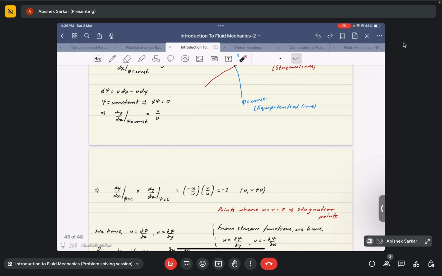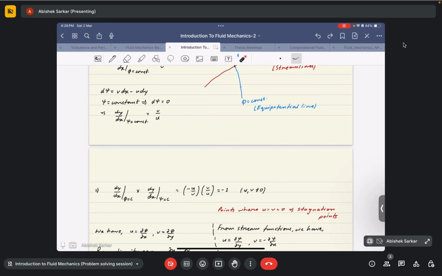the discussion part. And again, one more important conclusion that we get from velocity potential and stream function is that the lines of constant psi and constant phi, that is the lines having constant value of stream function and constant value of velocity potential, are perpendicular to each other except at the stagnation points.